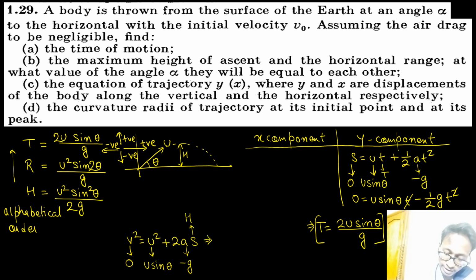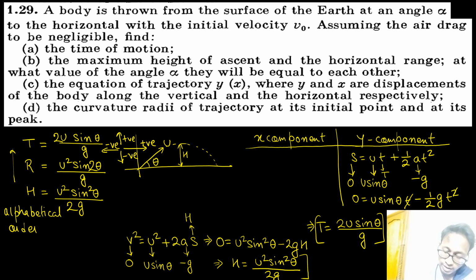So I can simply say that 0 equals u square sin square theta minus 2gh, or h equals u square sin square theta by 2g. This is the maximum height of the projectile, h max. This is the formula for this one.